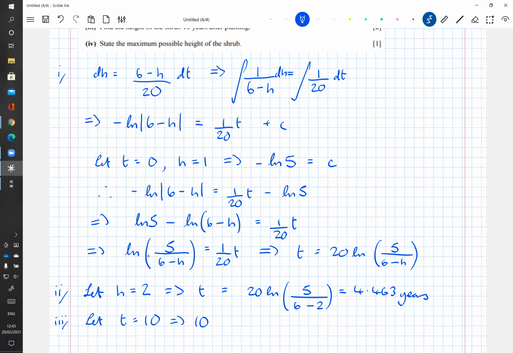Which means that 10 equals 20 log 5 over 6 minus h. And rearrange that to find h. I'll give you a moment to do that. And I'll just put the final part down here in case you need it. There it is there.